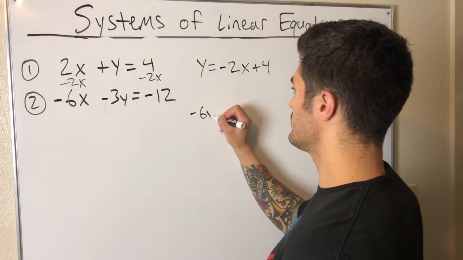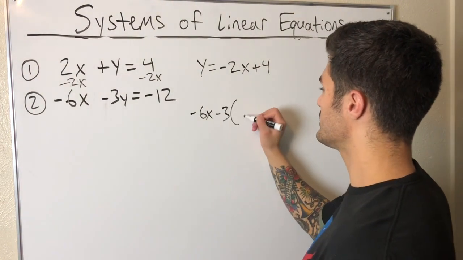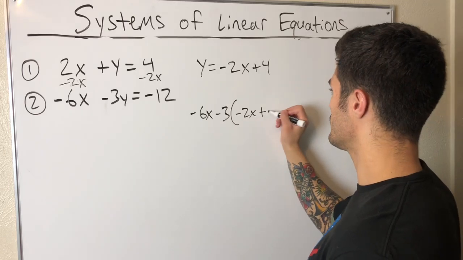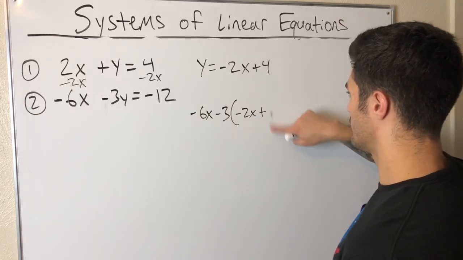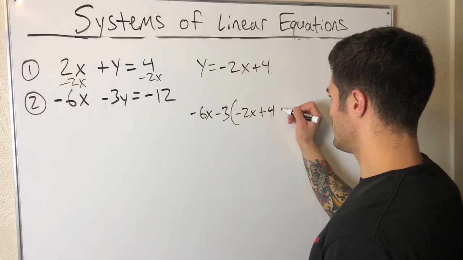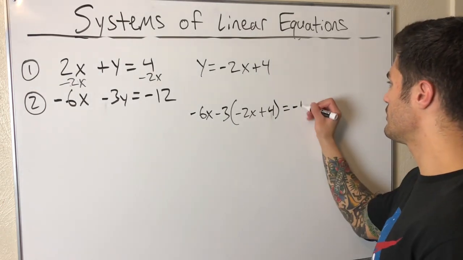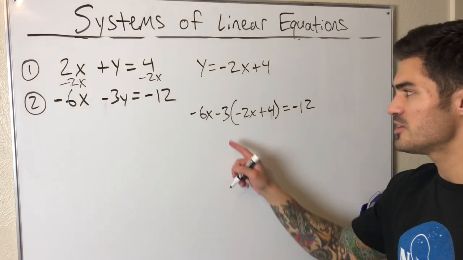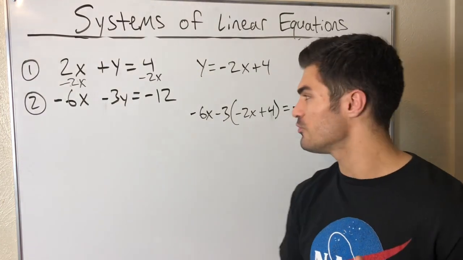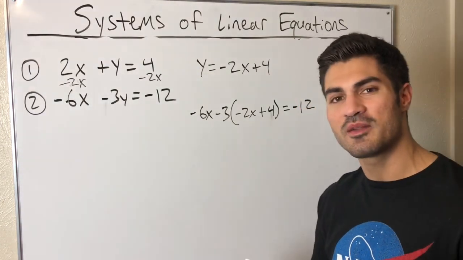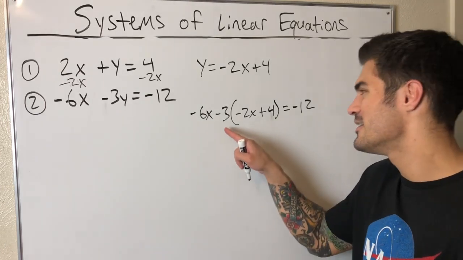So let's see, negative 6x minus 3 times negative 2x plus 4 equals negative 12. So now I just distribute, but we got to be real careful. This is where a lot of mistakes are made, right?